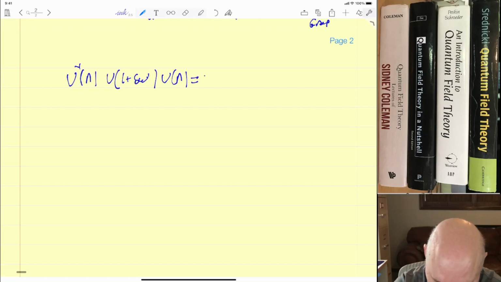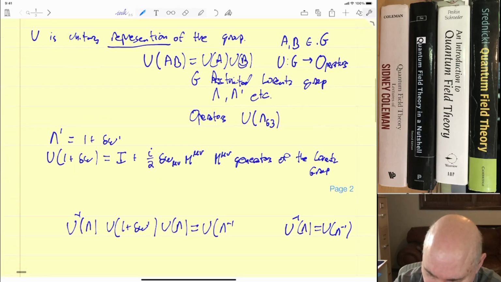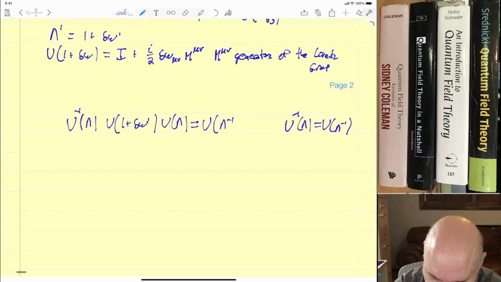This is equal to u of lambda inverse. I'm going to make use of the fact that because these are group elements and representations, it's always true that u of lambda, u inverse of lambda is the same thing as u of lambda inverse, as you can show by making use of that group representation property that I listed earlier. So I have u lambda inverse, lambda prime, lambda.